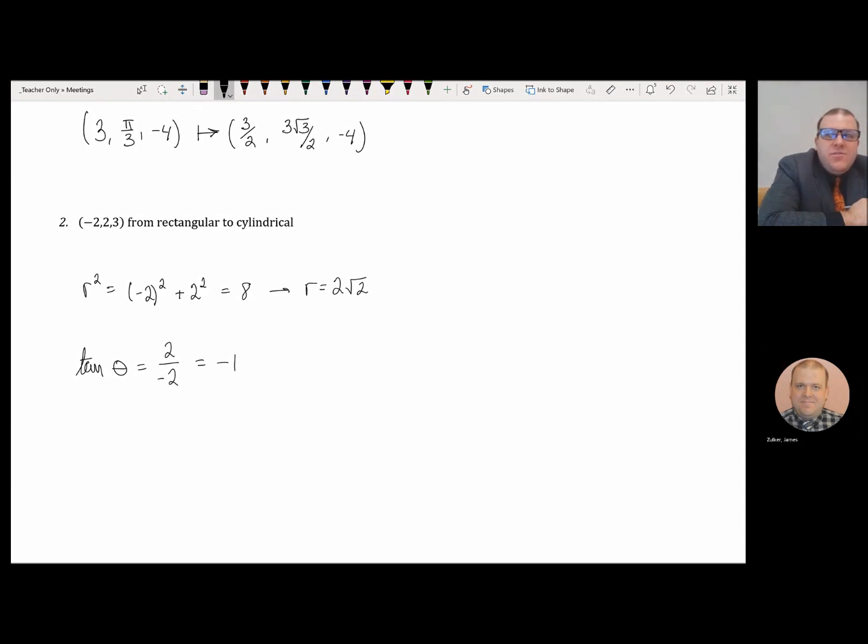Now you have to ask yourself, looking just on the xy plane, what quadrant is theta going to be located in? Second quadrant. Does inverse tangent give us a quadrant 2 angle? So you can't just take the inverse tangent. If you take the inverse tangent, what quadrant are we going to wind up in?